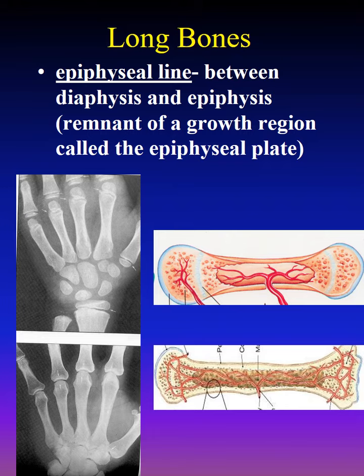And so we have, as children, a thin layer of hyaline cartilage within this epiphyseal line, or epiphyseal plate, and this allows for growth into the diaphysis region of the long bone. And so once the epiphyseal plate is closed, we have this line that is a remnant of the epiphyseal plate and growth during development.